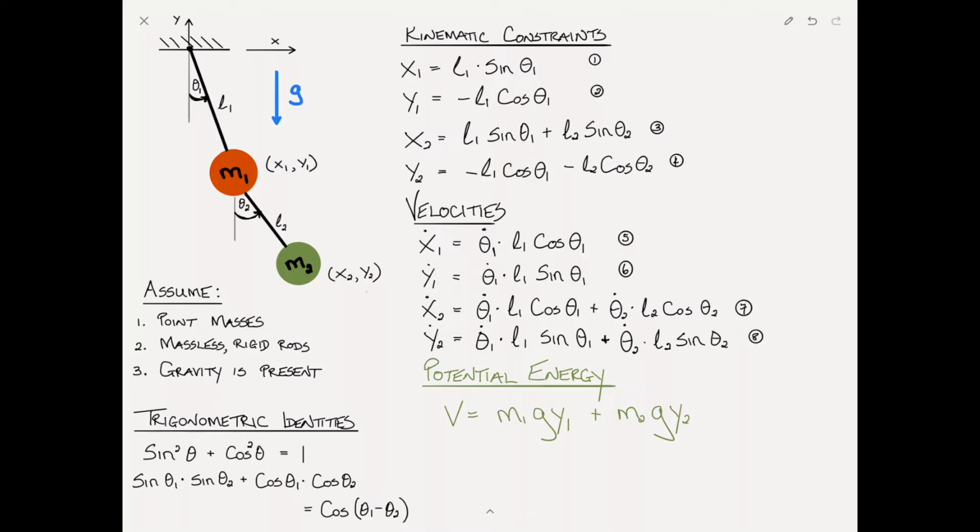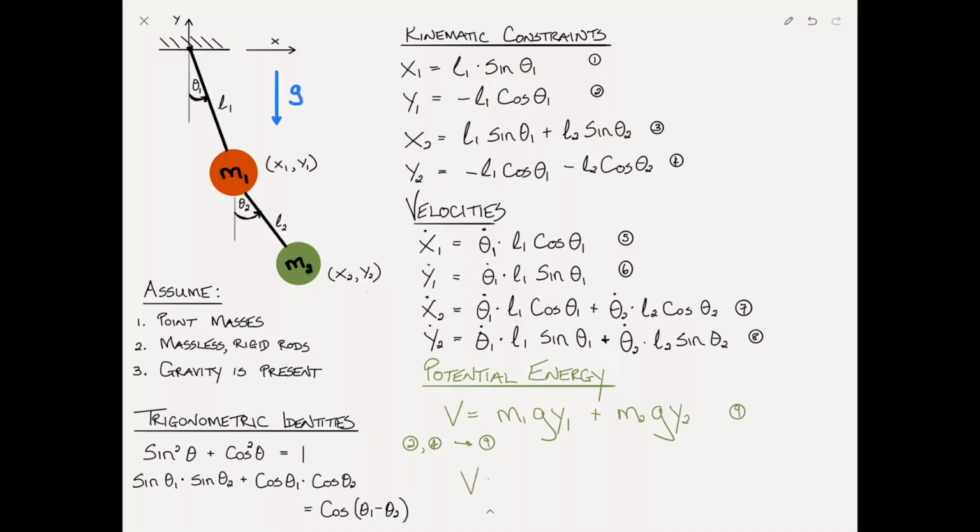And that is equation 9. And if we take the expressions for y, which are equations 2 and 4, and put them into 9, 2 and 4 can be substituted into 9. And when I do that, I get my final expression for the potential energy, which, let me write it like this.